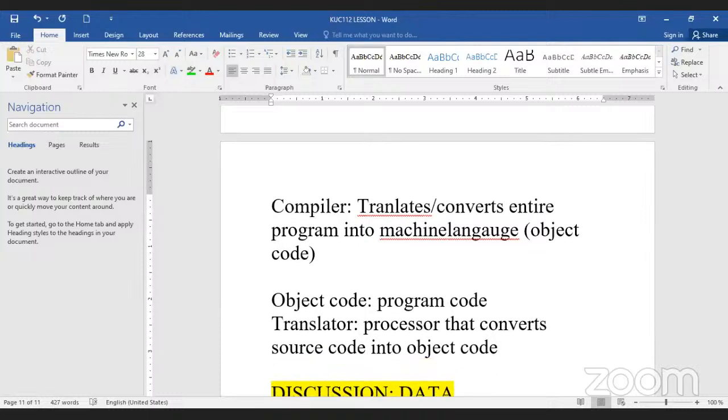And what's a source code? A source code is the original text that you program a computer with. This original text is used by a programmer.